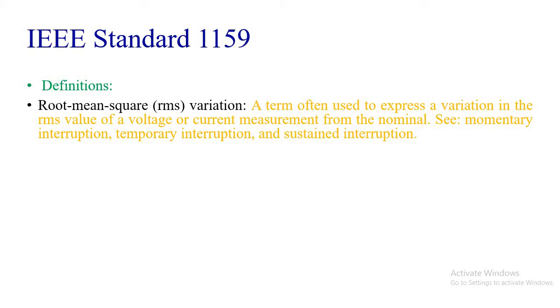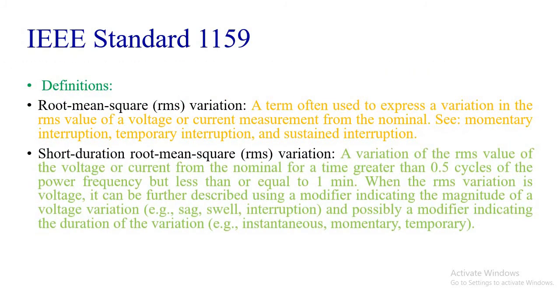Next definition is about the short duration root mean square variation. It is the variation of the RMS value of the voltage or current from the nominal for a time greater than 0.5 cycles of the power frequency but less than or equal to 1 minute.